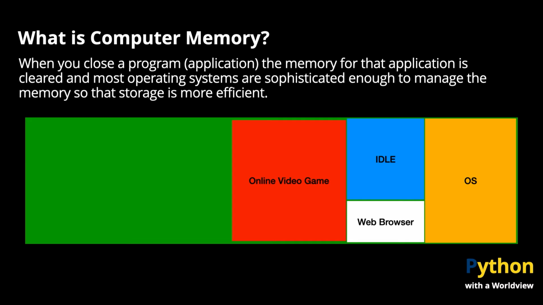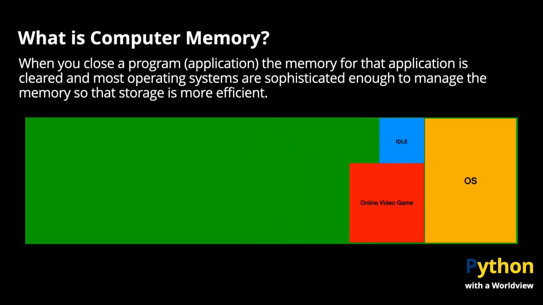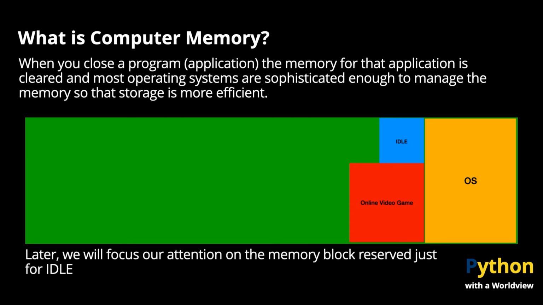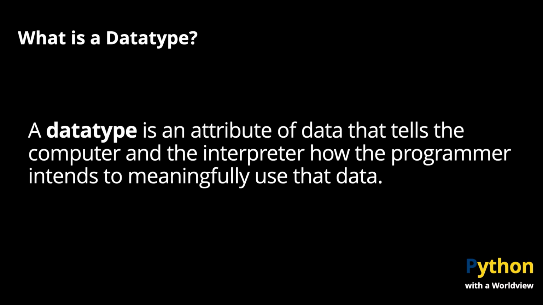When you close a program, also known as an application, the memory for that application is cleared, and most operating systems are sophisticated enough to manage the memory so that storage is more efficient. Later, we will focus our attention on the memory block reserved just for IDLE. But now, let's proceed on to the next question.